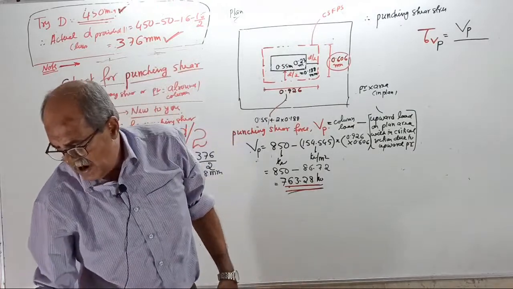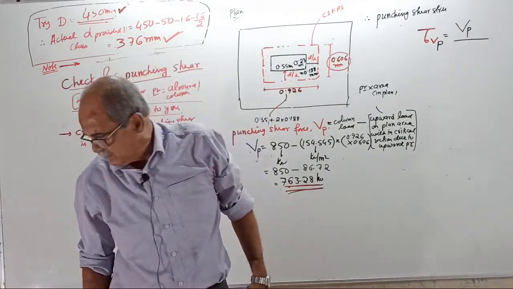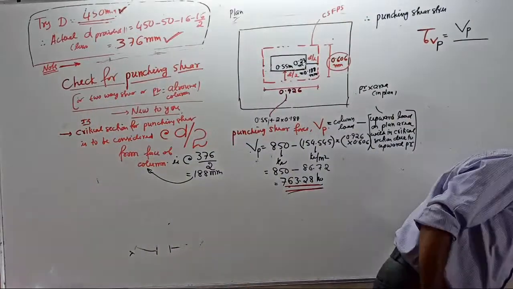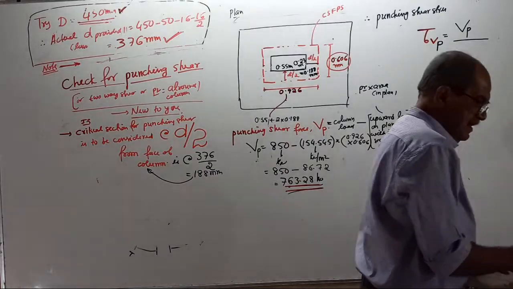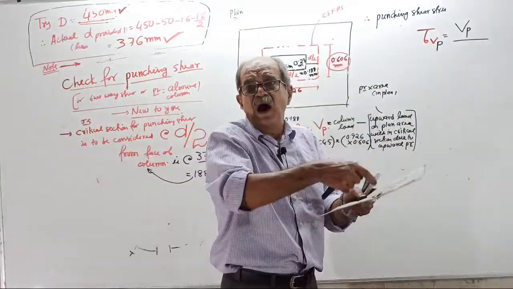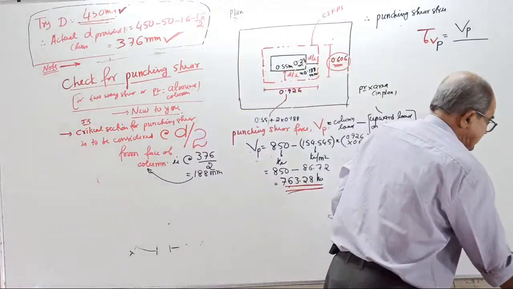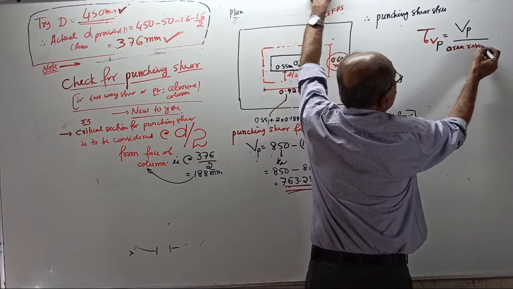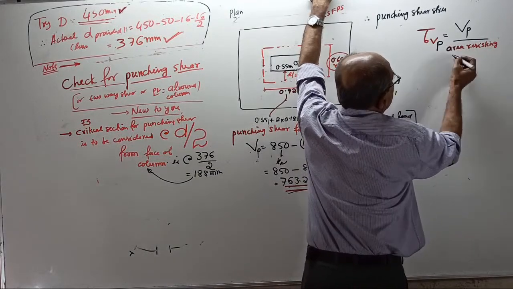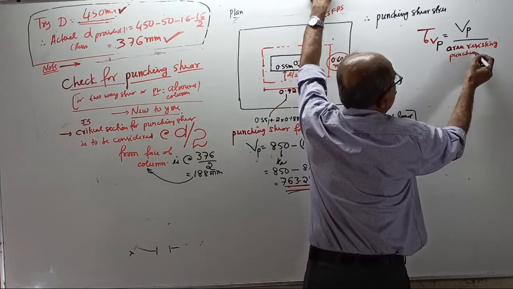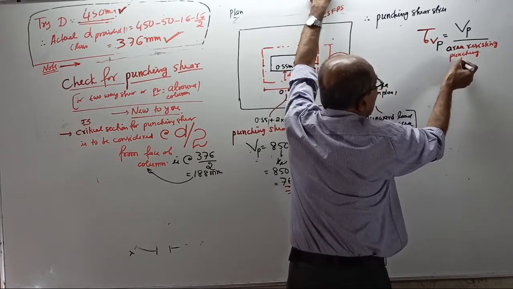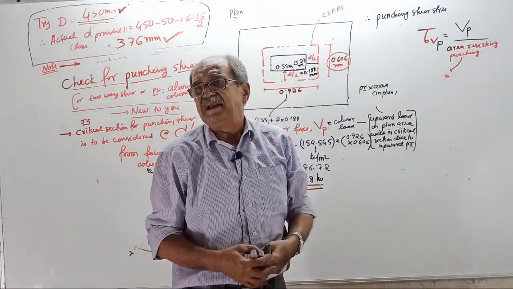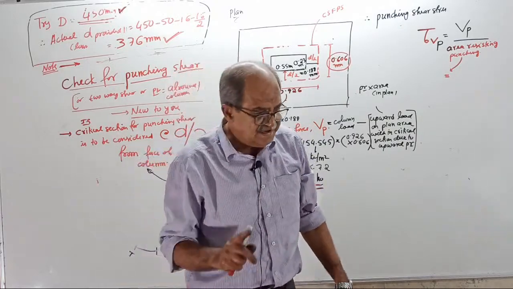The punching force is divided by the area resisting punching. Anybody can tell the answer correctly: what is the area resisting punching?